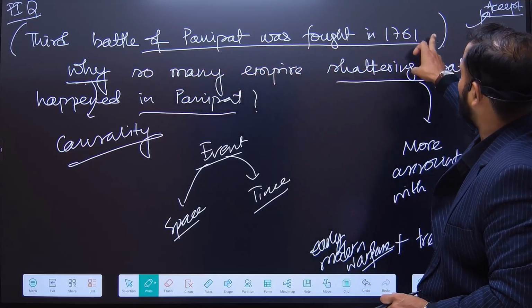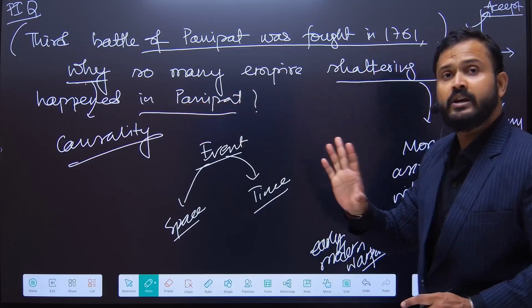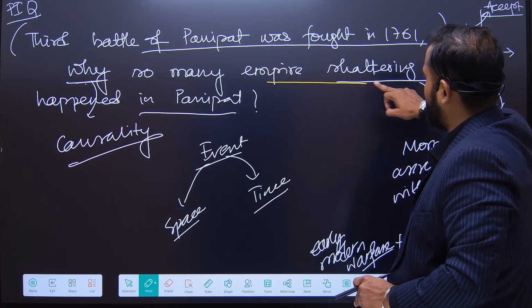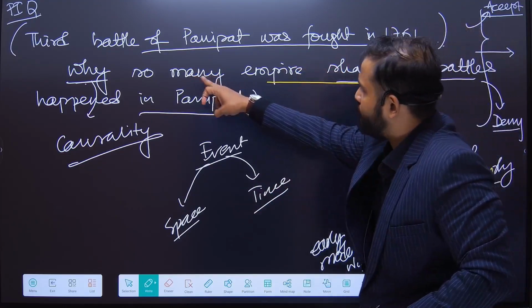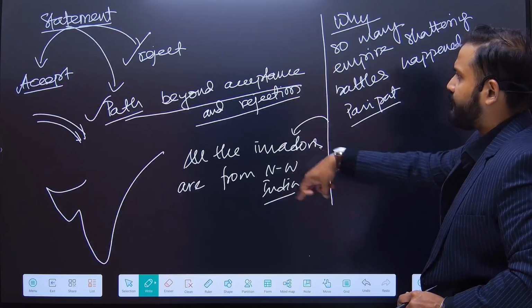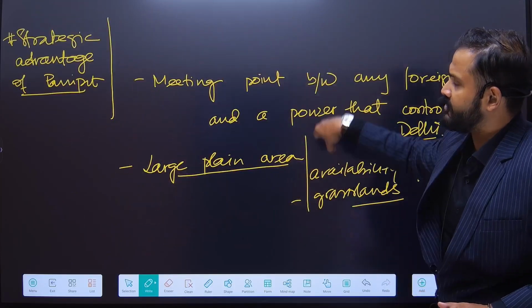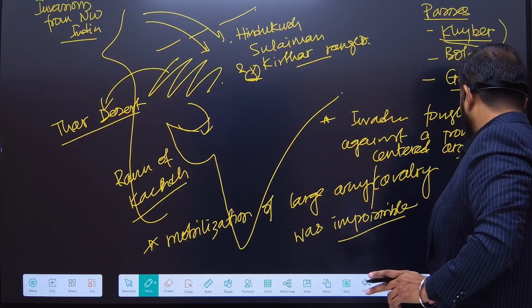Third battle of Panipat was fought in 1761. Why so many empire shattering battles happened in Panipat? Introduction, you will talk about the battle of Panipat and the empire shattering character. Introduction done. Body, you will justify why so many battles? You will look about the conditions, the maps and also the strategic advantage of Panipat. Your answer is done.